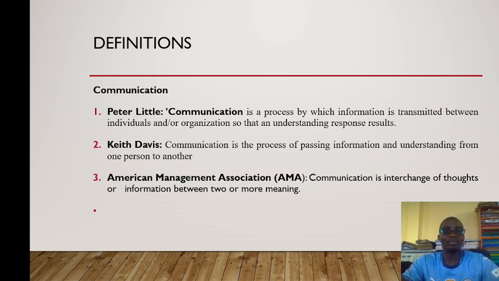So for something to qualify to be a communication, there must be information, it has to be transmitted from one person to the other, and there needs to be an understanding where you give feedback after getting the transmitted information.